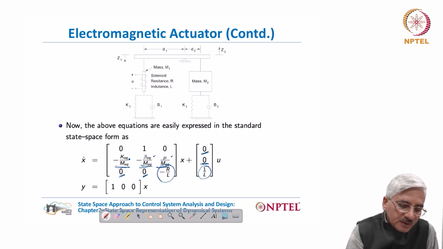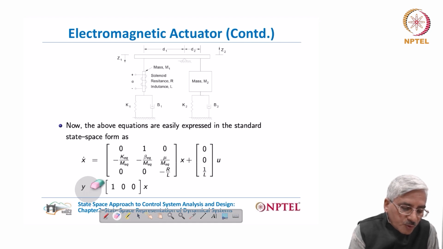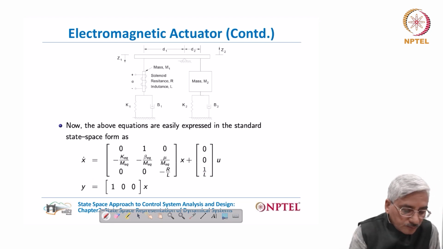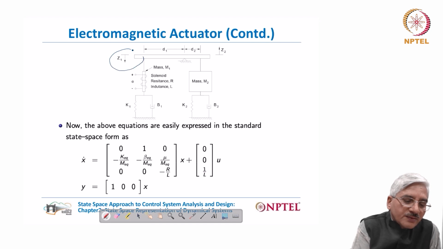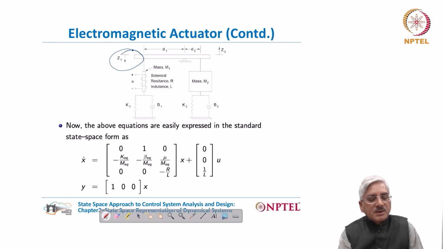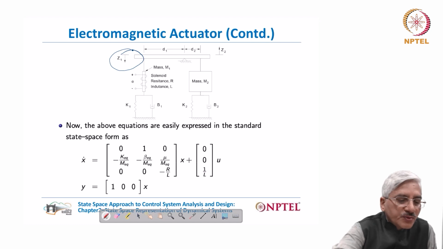So we have this state equation governing the system, and the output equation. The output we identified was the position of the lever on the left side, which is Z1, so that gives y equal to [1 0 0] x. So this gives the model of the electromagnetic actuator.